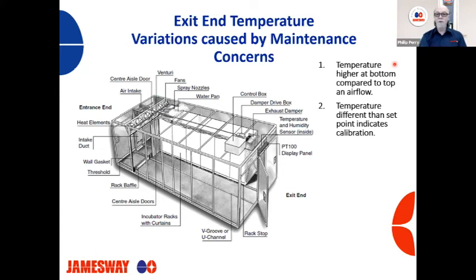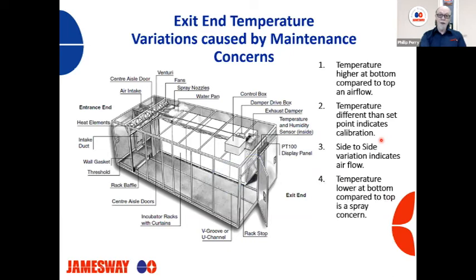A temperature different than our set point can indicate calibration, which we saw some there that were warmer. So that'd be the first place to look if it's either considerably higher or considerably lower. And side-to-side variation can indicate airflow, if it's not one of the things we were talking about earlier regarding our eggs and the logistics of getting them set properly.